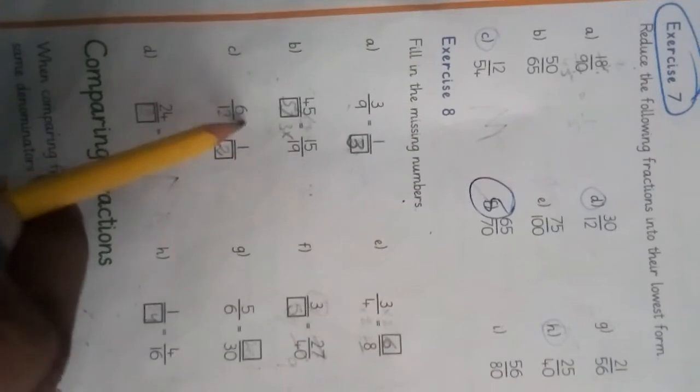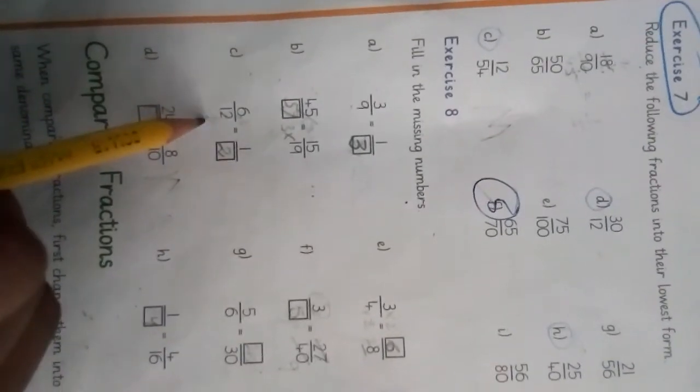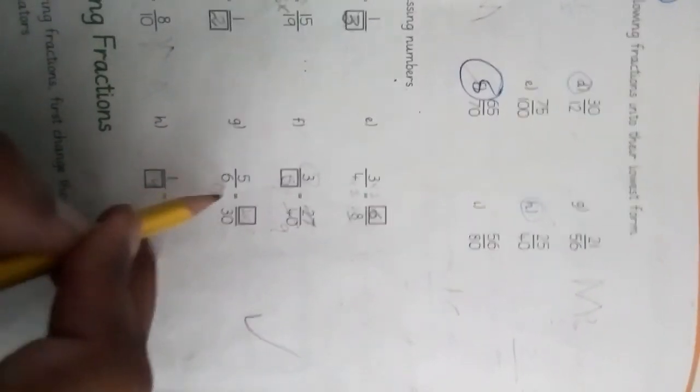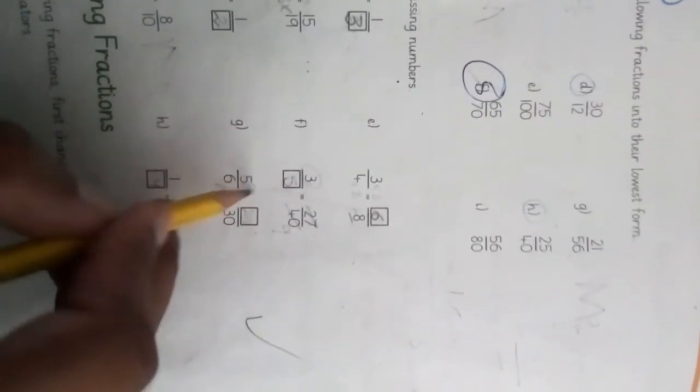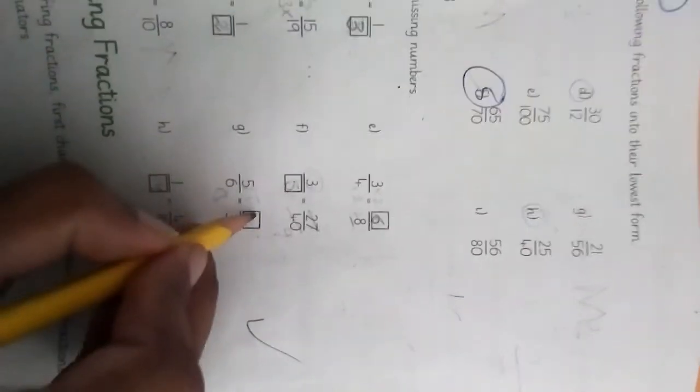If we divide both numerator and denominator by 6, we get 1 over 2. 1 over 2 is the answer. So 5 over 60 equals blank over 30. If we multiply 5 by 5 we get 25, so 25 is the answer here.